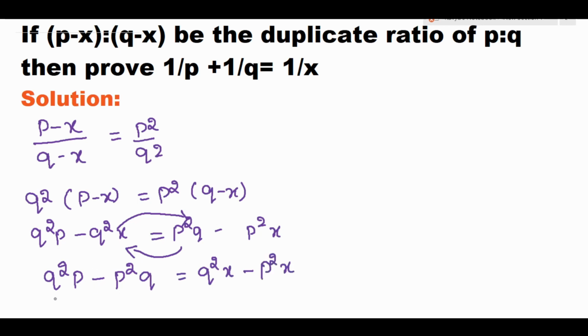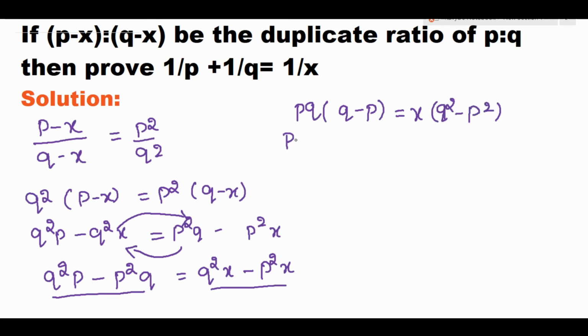You can see in this, PQ is common, and in this, X is common. Let's remove the common and write it. In this, PQ is common, what remains? Q minus P remains. In this, X is common and we get Q square minus P square.